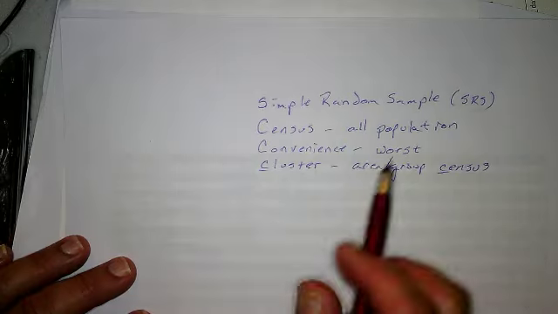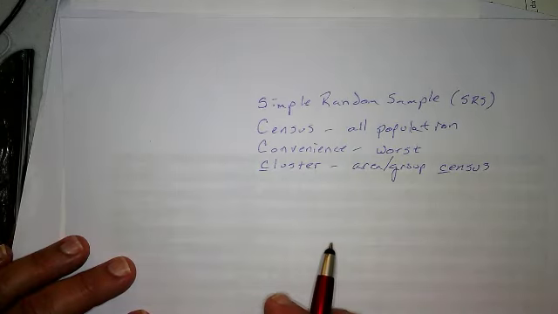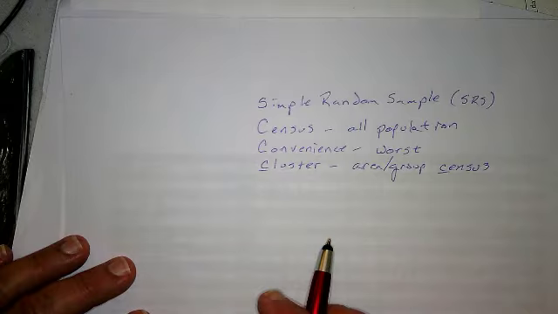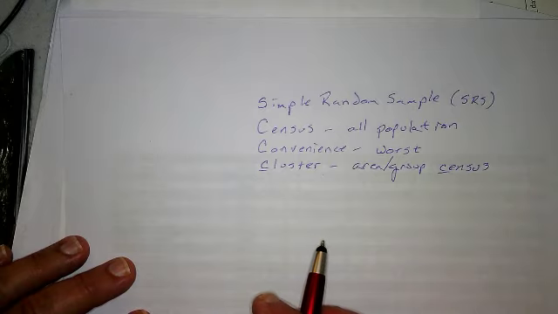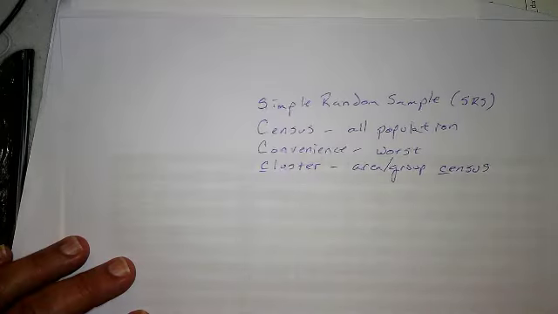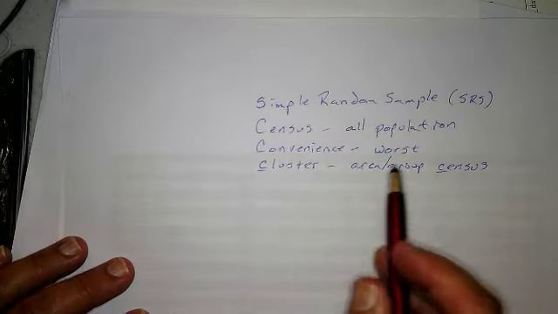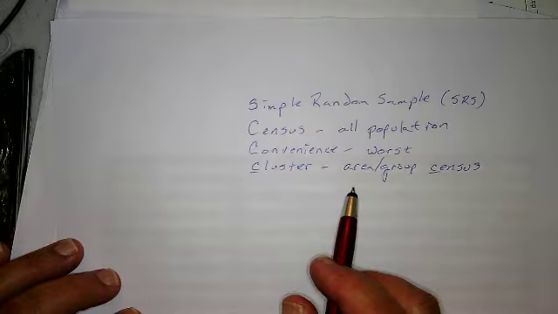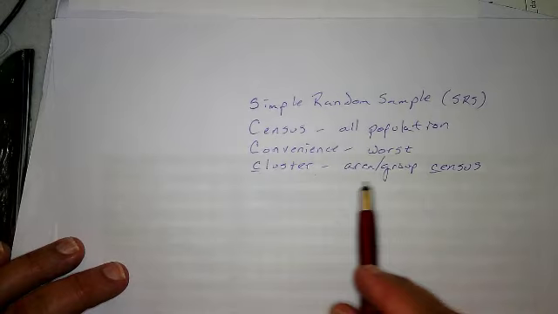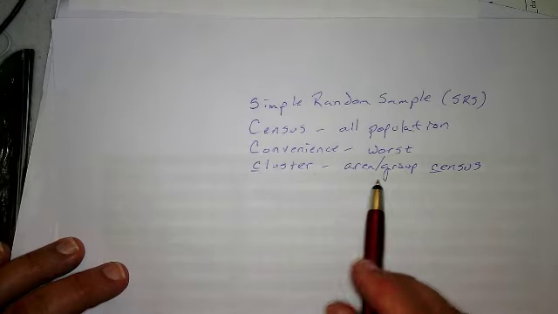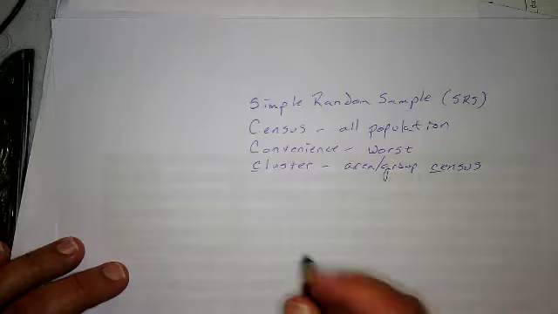That's where everybody has the opportunity. We can do that with a random number generator, everybody assigned a number, or put everybody's name in a hat or a bucket and stir it up. Census is asking everybody. Convenience is a convenient thing to do. Cluster is selecting an area or a group and doing a census of that group.